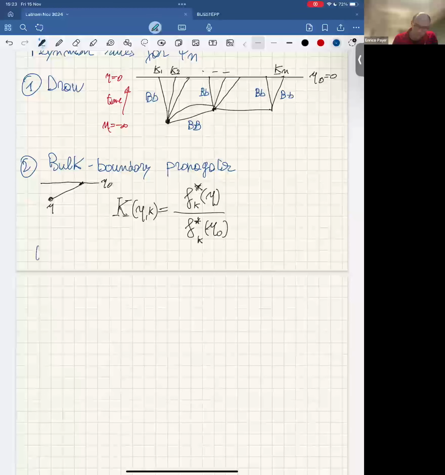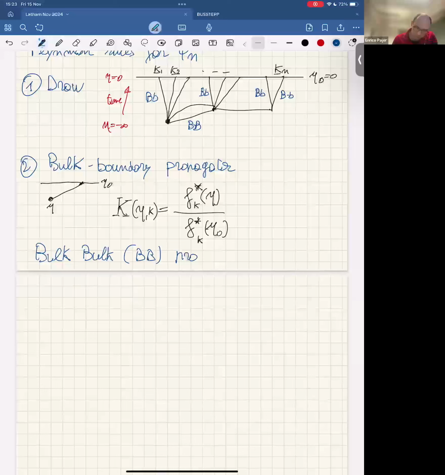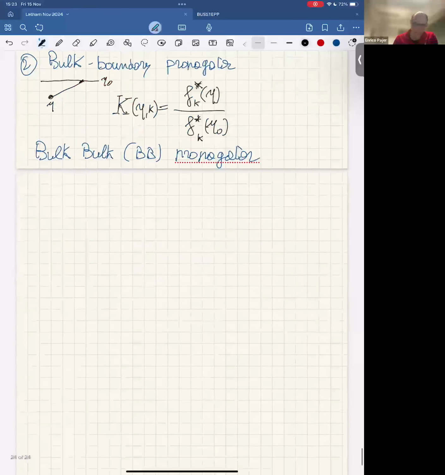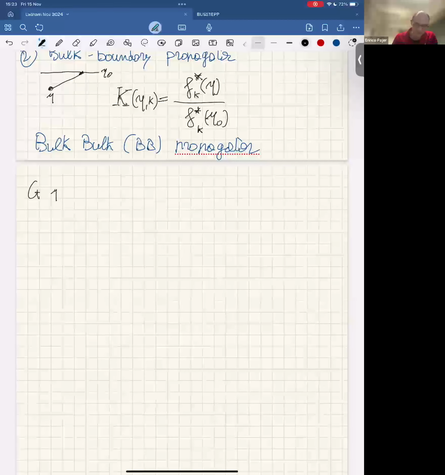And there is also a bulk propagator. That's given by a different function. This is called G. There is only one because there is only one type of vertex in this game.